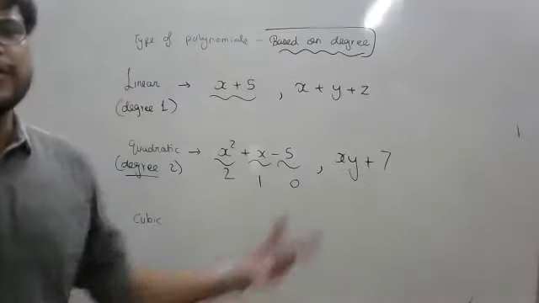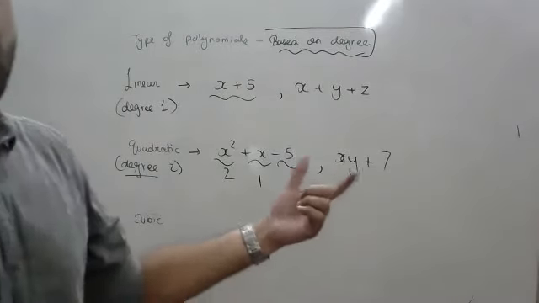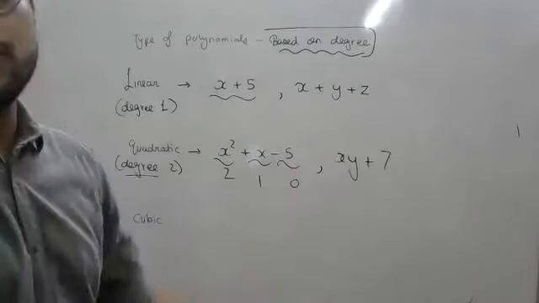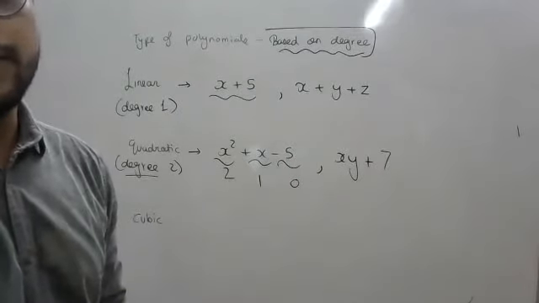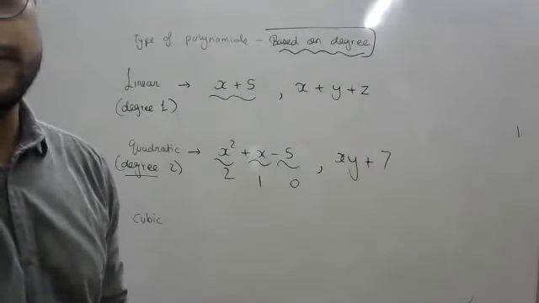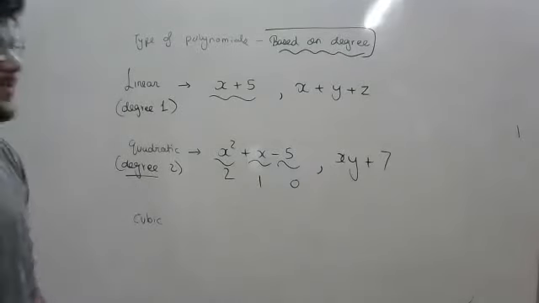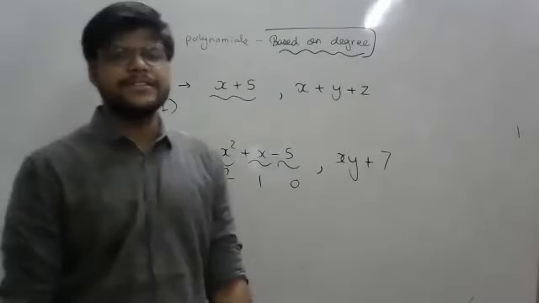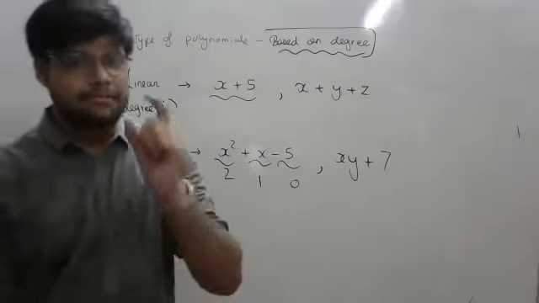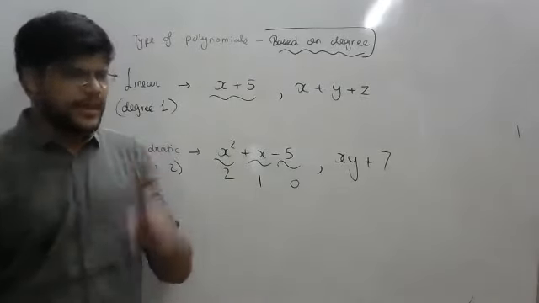Is this a linear polynomial or a quadratic polynomial? Sir, linear. Linear? It's not linear, it's quadratic. See, I explained it yesterday. If two variables are in multiplication, there's a difference.